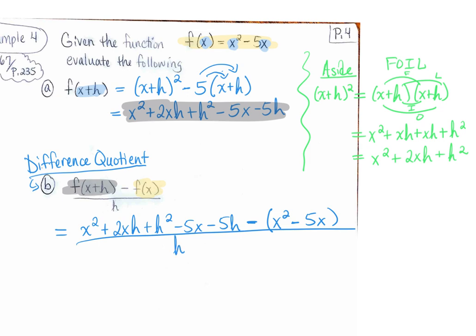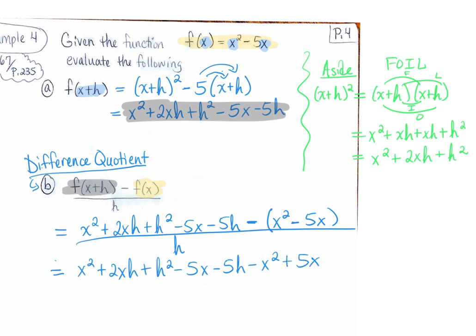Okay? So now this is equal to x squared plus 2xh plus h squared minus 5x minus 5h. What do we do with that negative? Distribute it to get minus x squared plus 5x.